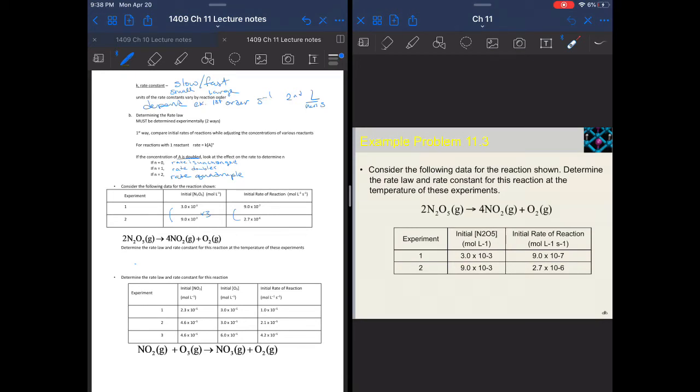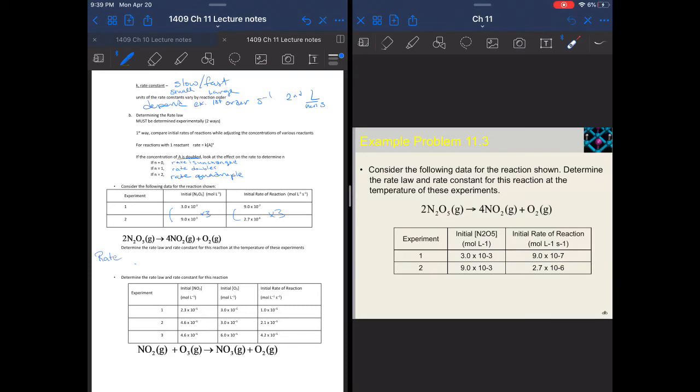Well, the rate went from 9.0 times 10 to the negative 7th moles per liter per second to 2.7 times 10 to the negative 6th, or 27 times 10 to the negative 7th. So it also tripled, right? This means that what happened to the concentration was reflected in the rate. That is going to be a first order reagent.